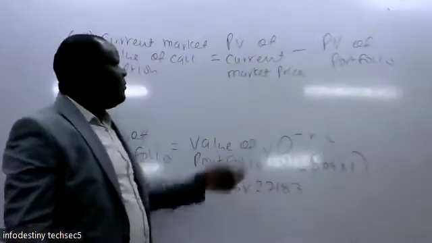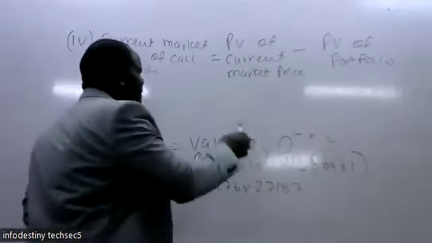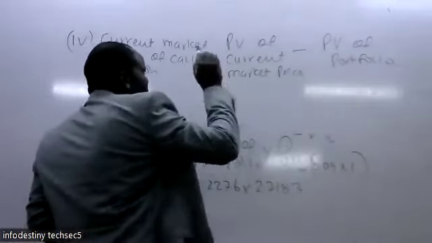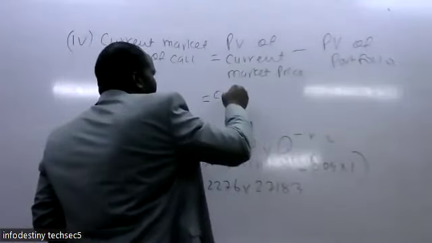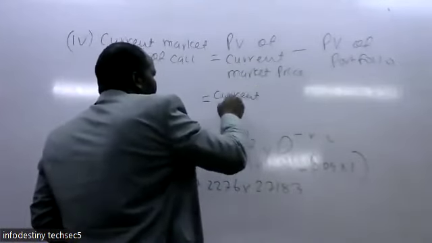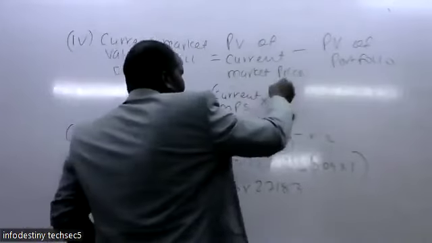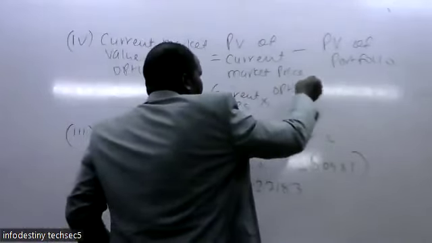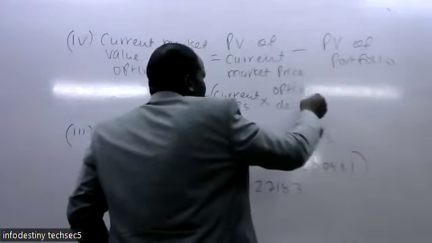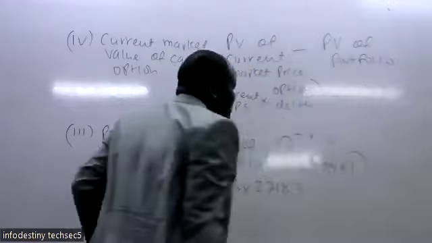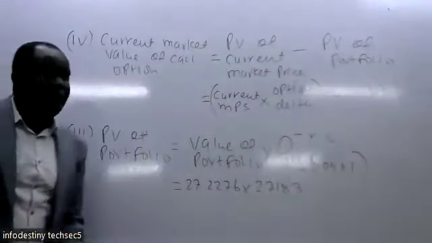But now, for the present value of the current market price, simply take the current market price of the share and always multiply by the option delta. Then you subtract the present value of the portfolio.